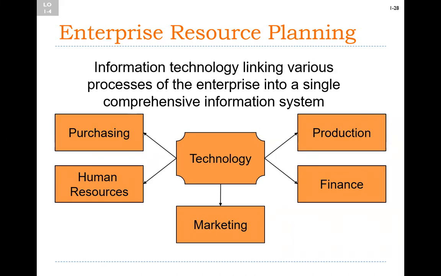Now, only individuals who work in purchasing are given access to certain items. Only individuals who work in HR are given access to certain items. But some of the information is shared. For example, years ago, with production and finance, production may be looking at the customer's order.